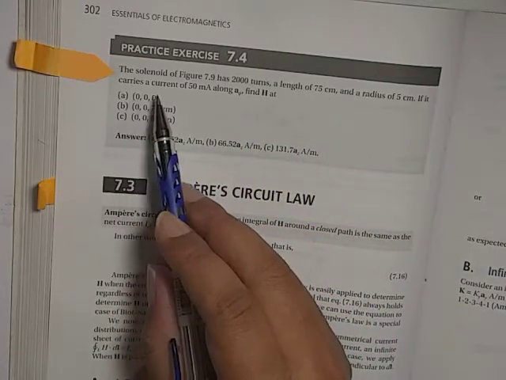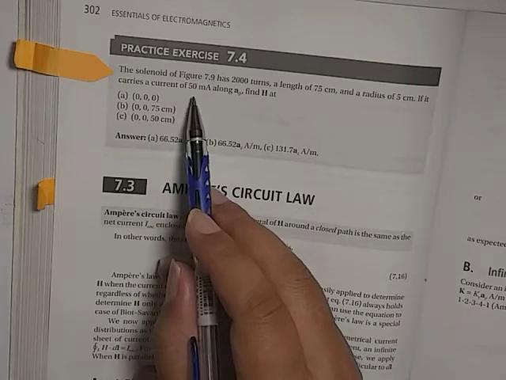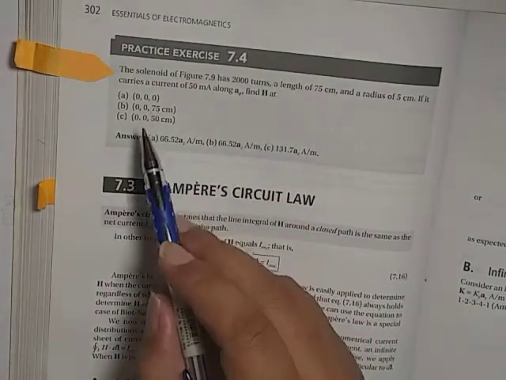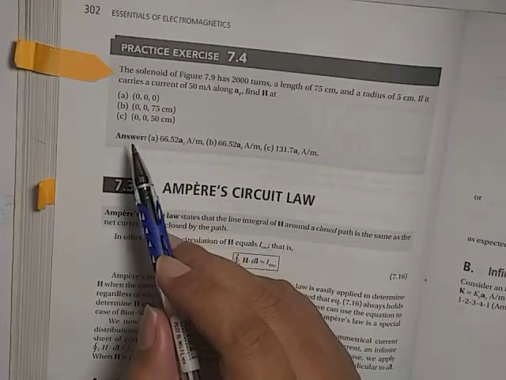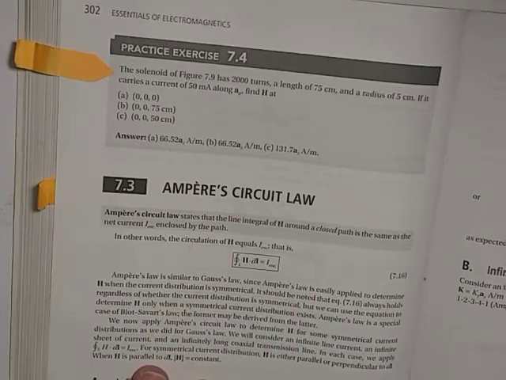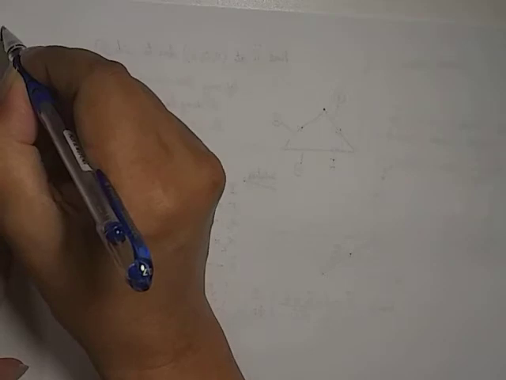If it carries a current of 50 milliampere along the phi direction, find H at these 3 different positions. You have a solution there, so you can compare your solution with the answer given by Sadiku. So we're going to proceed now with practice exercise 7.4.